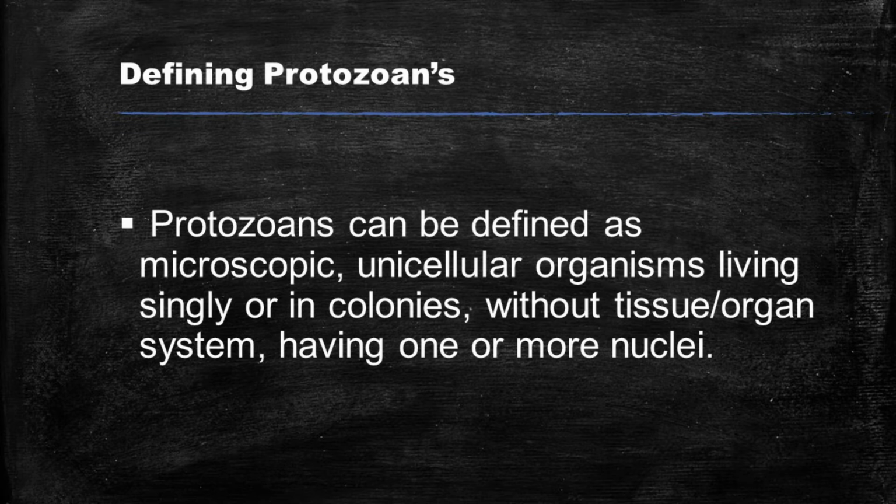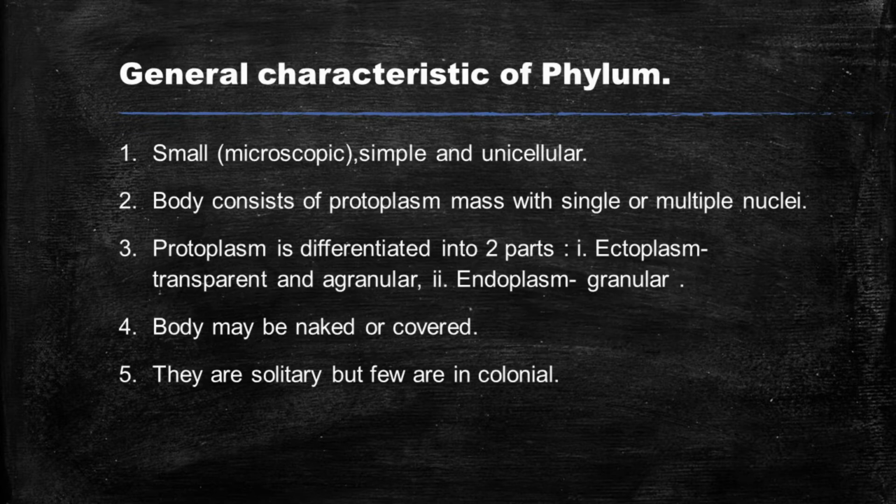Now we'll move forward towards the general characters. General characteristics of a phylum are common features available in all the species. Whenever we go ahead and classify them, the specific features will be pointed out. Whatever features are defined in the definition of the particular phylum will be their initial general characteristics.